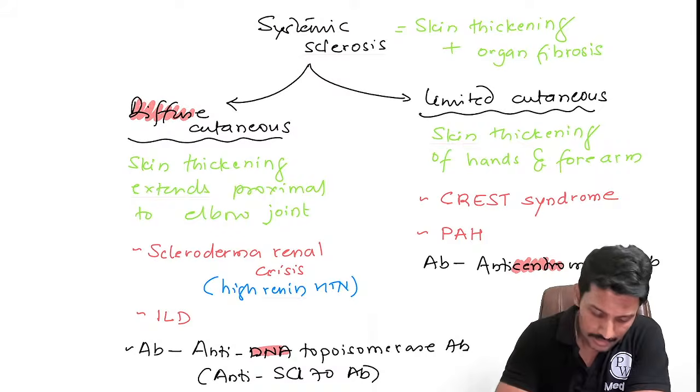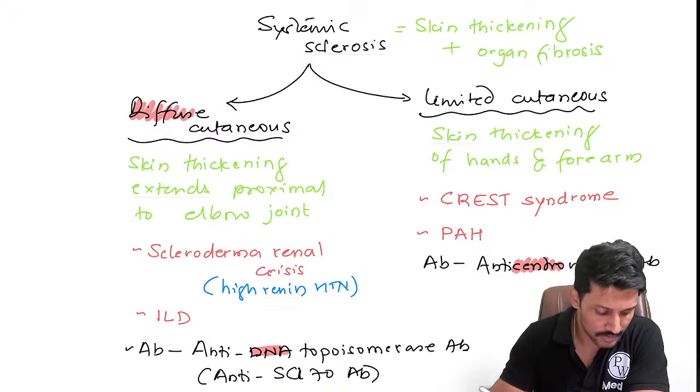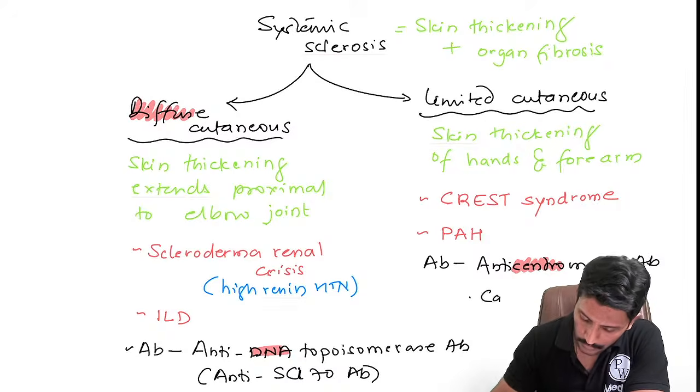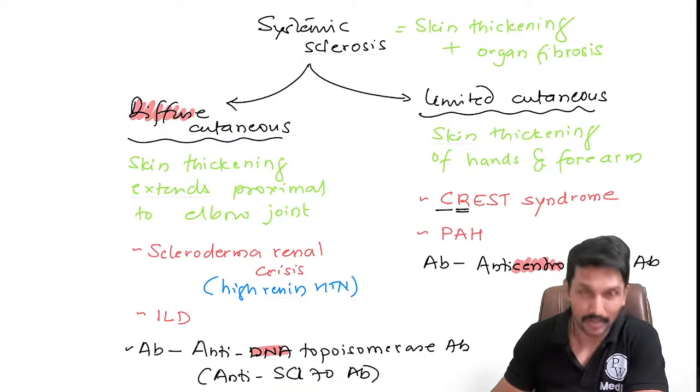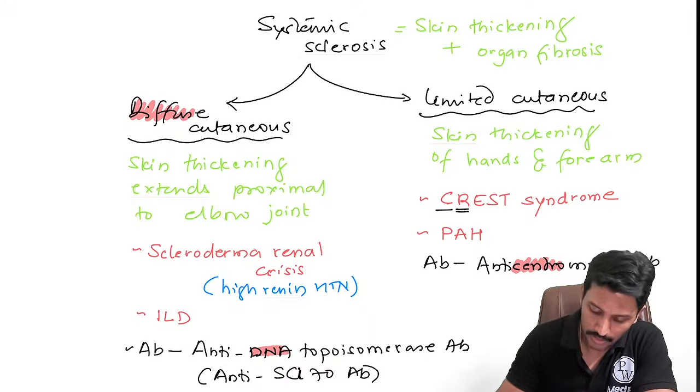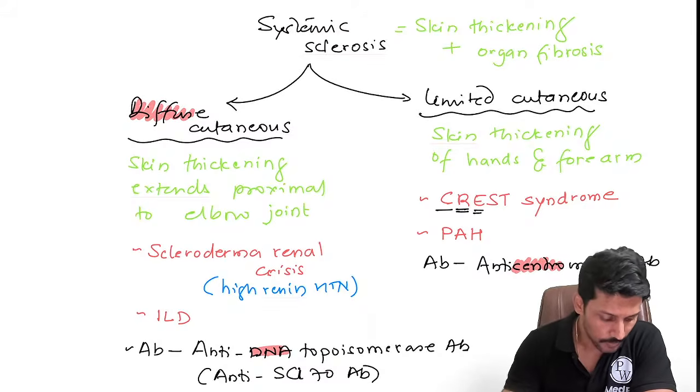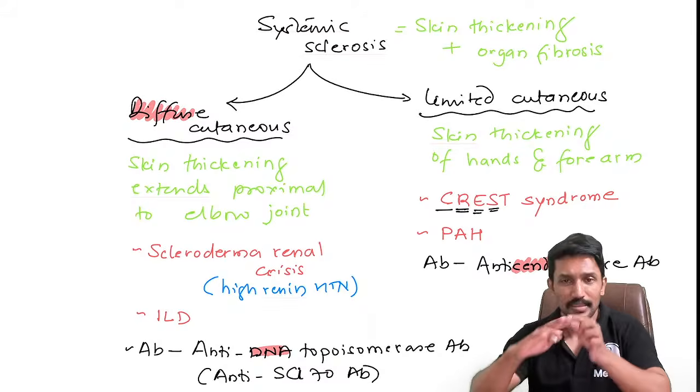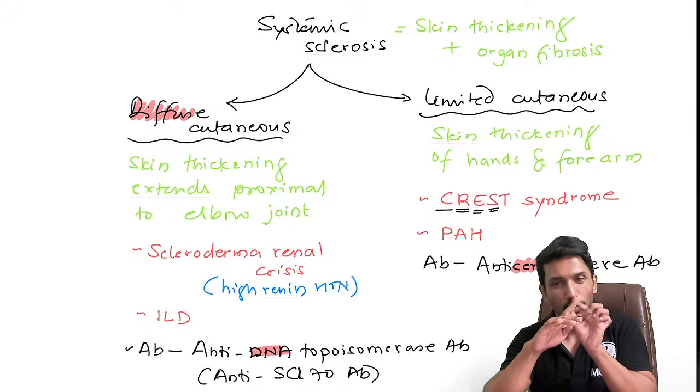Okay, yes. In CREST syndrome, the C stands for calcinosis, R stands for Raynaud's phenomenon, E for esophageal dysmotility, S for sclerodactyly, that is thickening of the skin of the fingers.